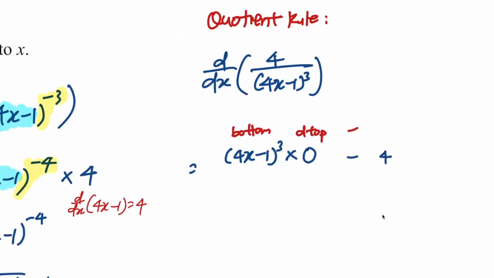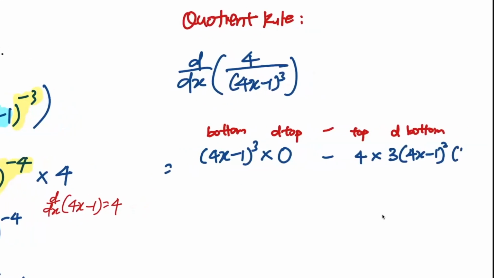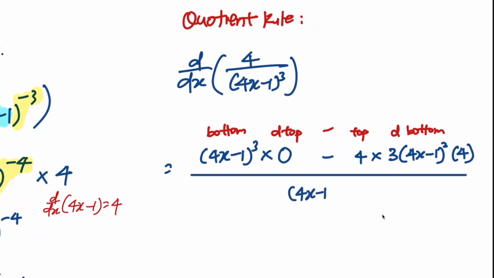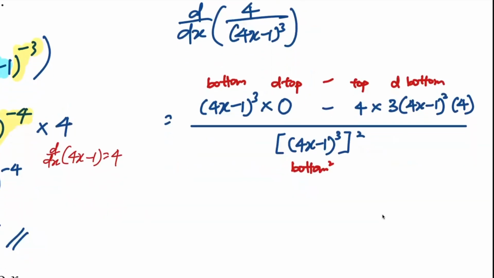minus top d bottom. Differentiating the bottom is the chain rule: power bring down, power minus 1, times differentiate inside, the 4. So it's bottom d top minus top d bottom over bottom squared.